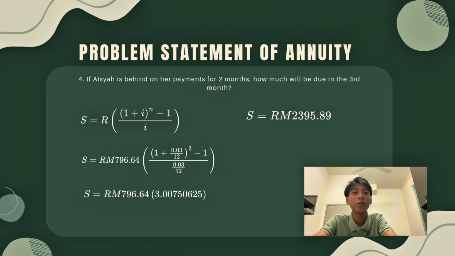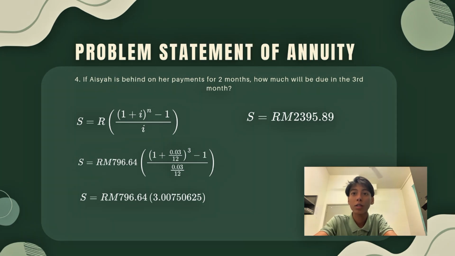Question 4. If Aisha is behind on her payment for 2 months, how much will be due in the third month? The formula that we use is S equal R multiply with, in bracket, 1 plus I power of N minus 1, divide with I. We substitute the value into the formula, assuming the monthly payment is 796 ringgit 64 cents and the interest rate is 3% annually or 0.03.